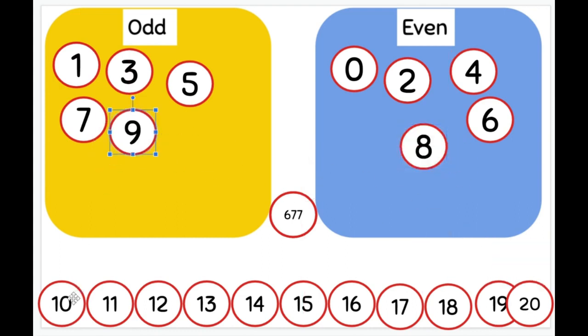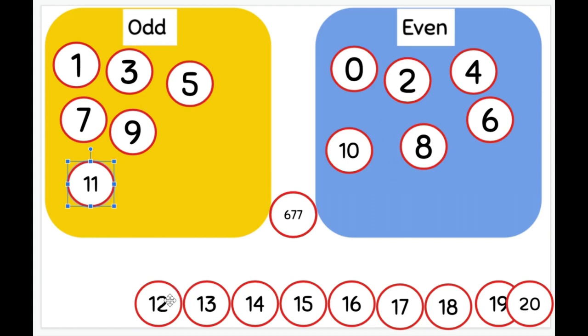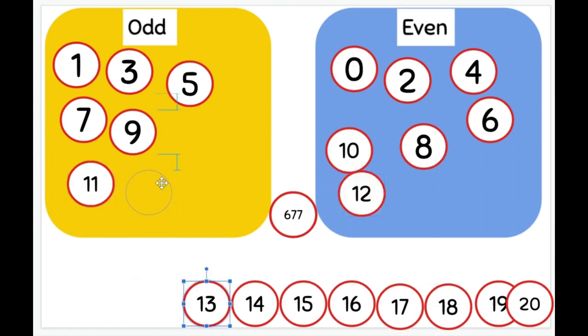Now 10. If we look at the number 10, we can see that the digit in the ones place is a 0. So that is an even number. 11 is an odd number. 12, the digit in the ones place is a 2. So that's an even number. 13 is an odd number. 14, the digit in the ones place is a 4.